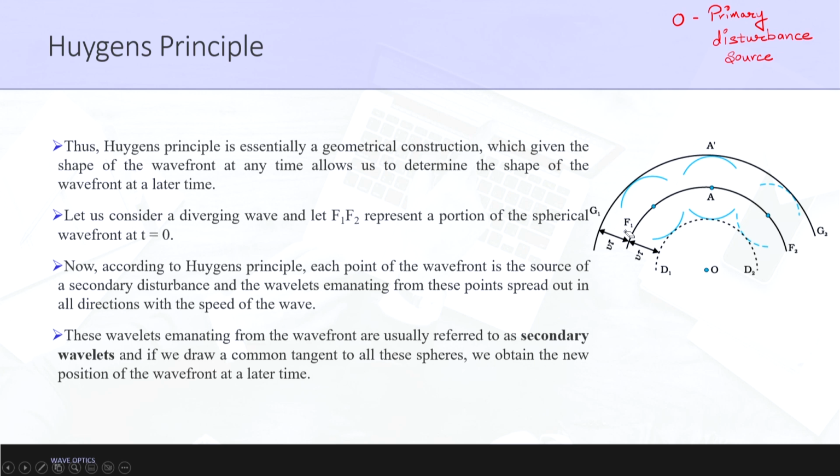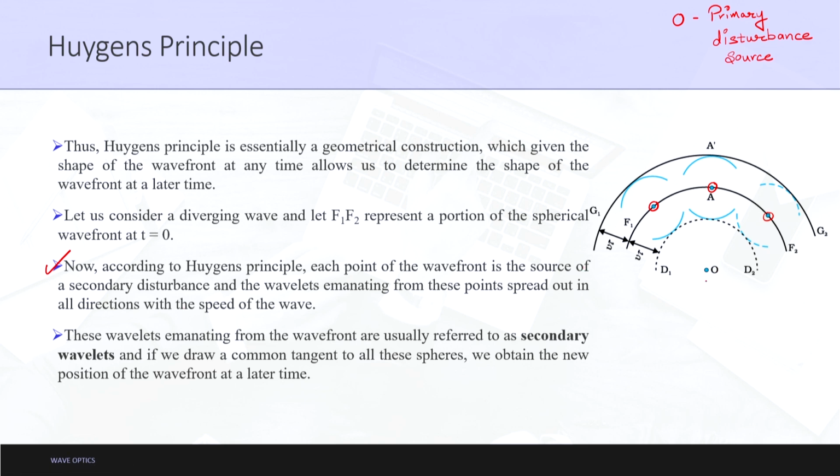What does Huygens principle say? Let me iterate for more clarity and no errors. According to Huygens principle, each point of the wave front, and these are the complete points, let us take any 3 points. The 3 points taken here are this point, this point and this point. According to the Huygens principle, each point of the wave front is the source of a secondary disturbance.